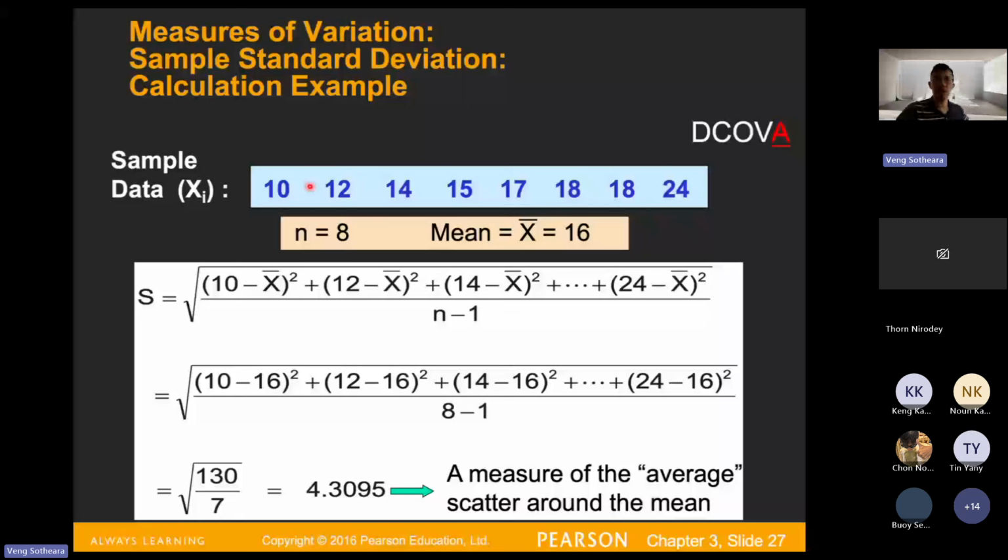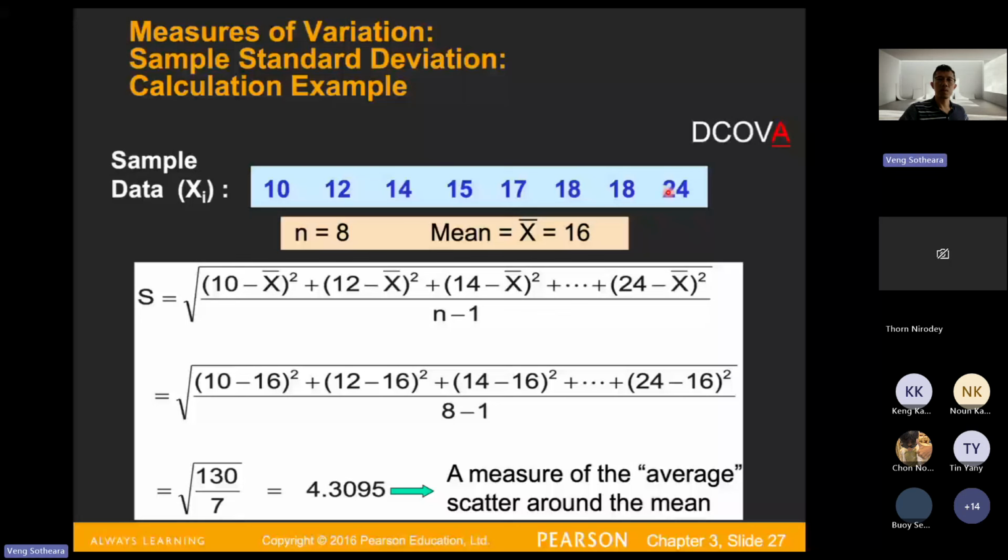I hope you still remember this example about the group of 8 people. And these are their ages. The first is 10 years old, the second one is 12 years old, and the last one is 24 years old.